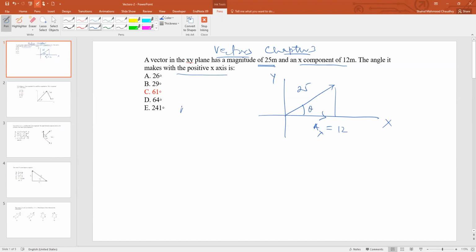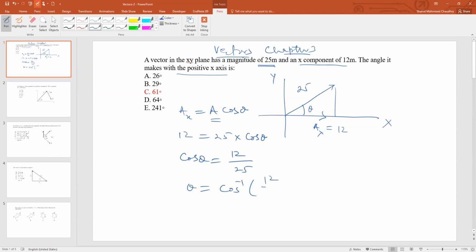So what you will do, this is very simple, that ax is equal to a cos theta. You apply this one, and ax is 12, a is 25 into cos theta. So cos theta is equal to 12 over 25, and theta is equal to cos inverse 12 over 25.